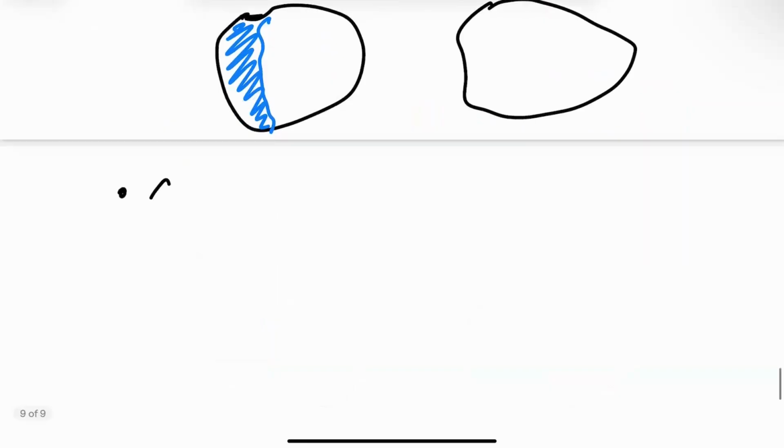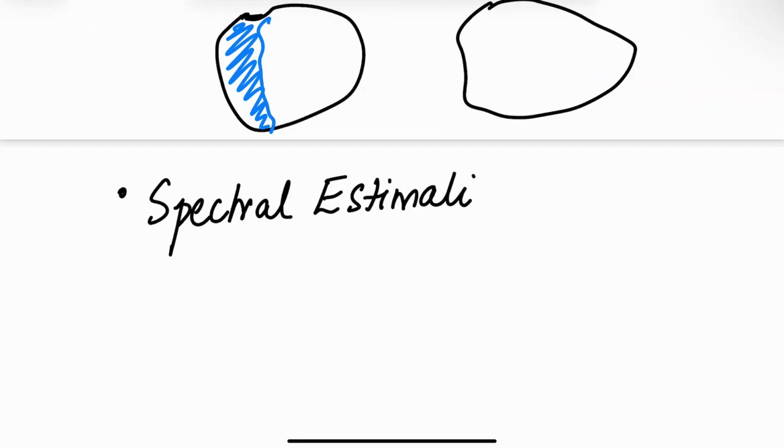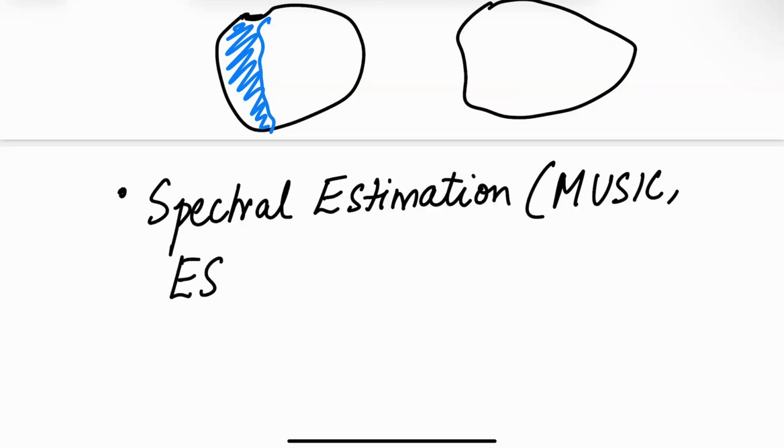Spectral estimation techniques are another one. The idea behind spectral estimation is that you're not modulating the target, but you know a priori something about the target. For example, you know that it is sparse. That comes down to algorithms like MUSIC, ESPRIT, which are used in imaging and signals, or compressed sensing.